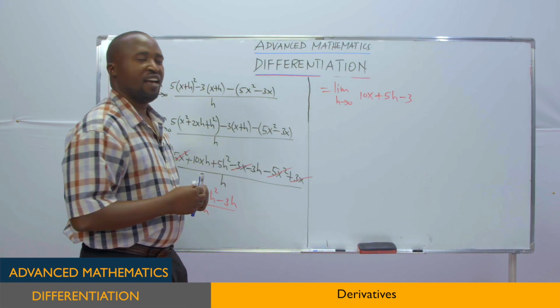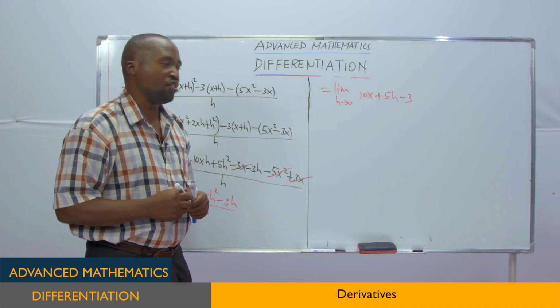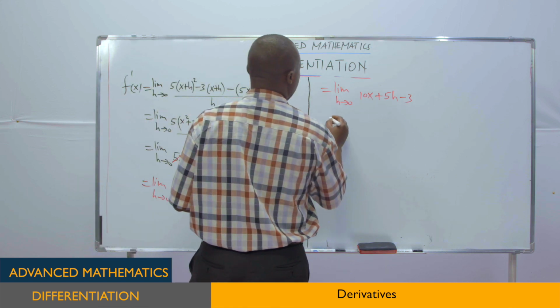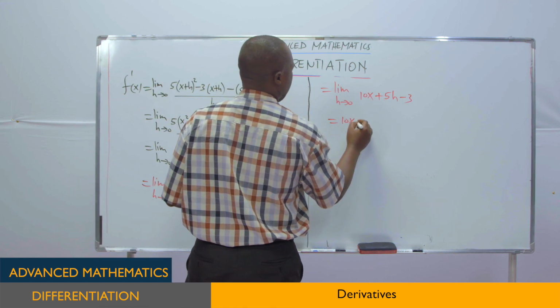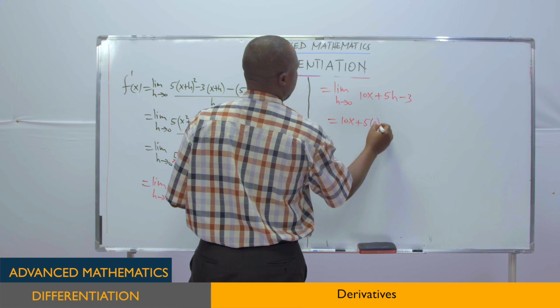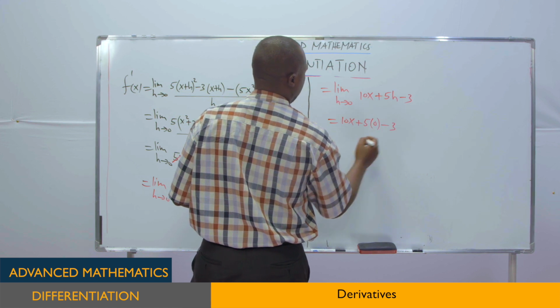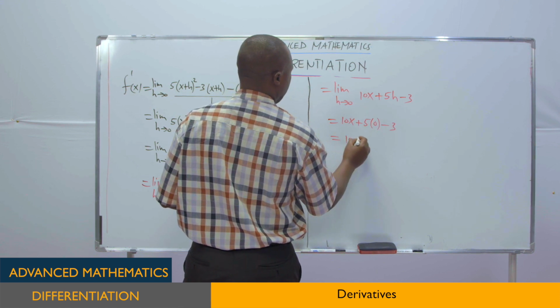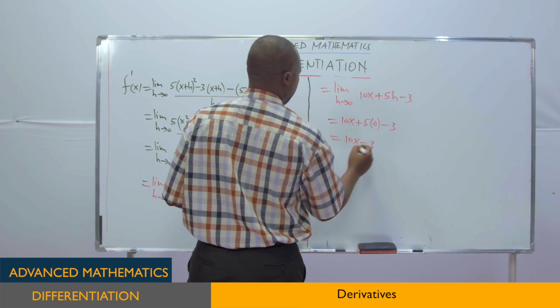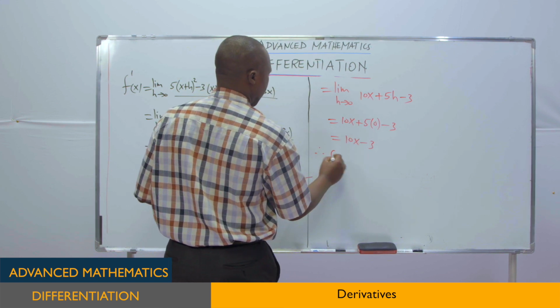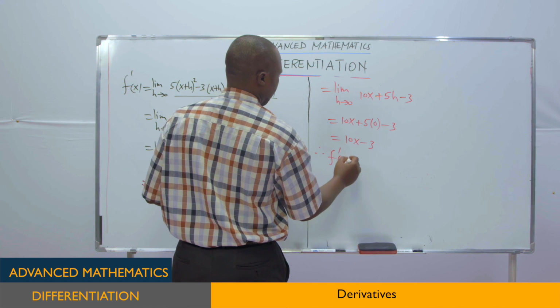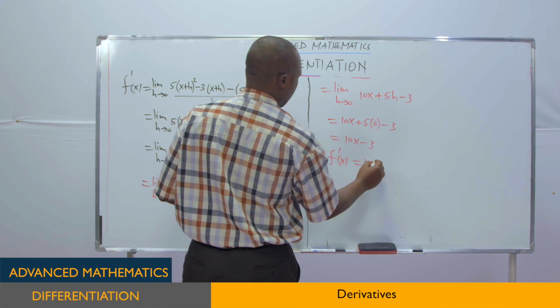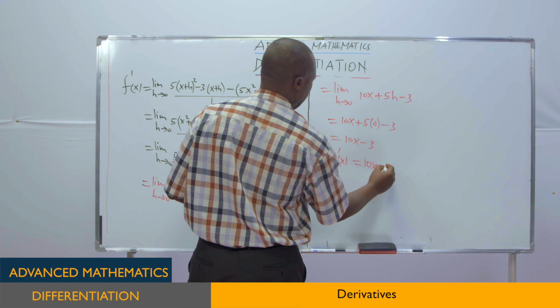So as h approaches 0, this one will be equal to 10x plus 5 times 0 minus 3. So in this case, we have 10x minus 3. Therefore, f of x dash is equal to 10x minus 3.